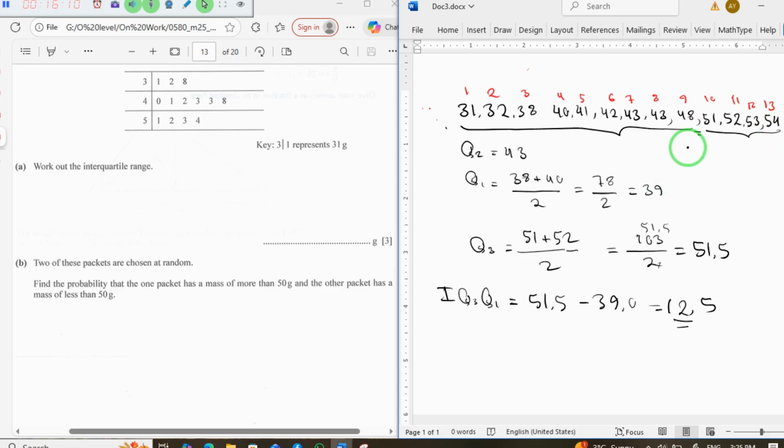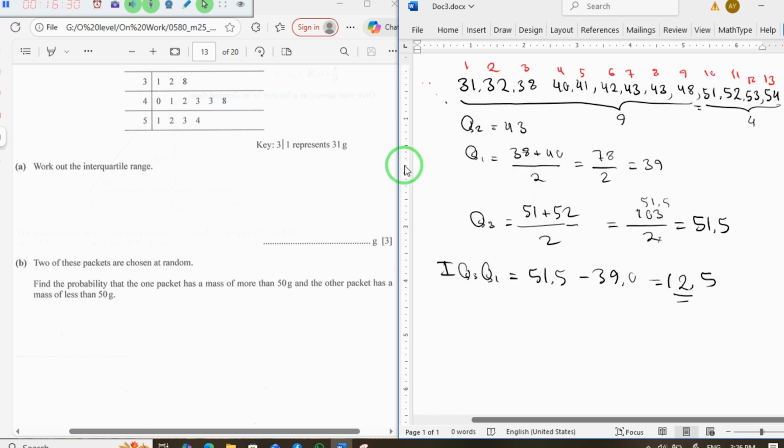The number of packets smaller than 50 grams is 9 packets, and the number of packets larger than 50 is 4 packets. We can write here the favorable condition: 9 multiplied by 4 is 36.